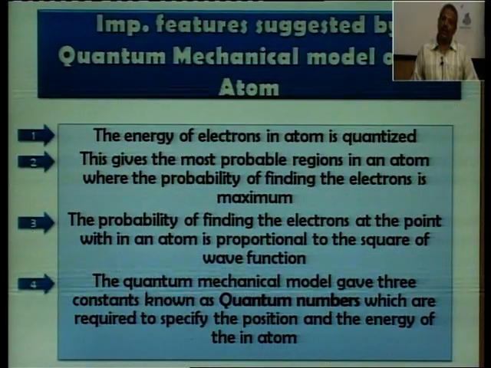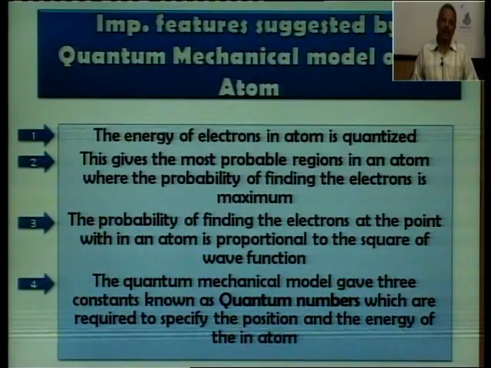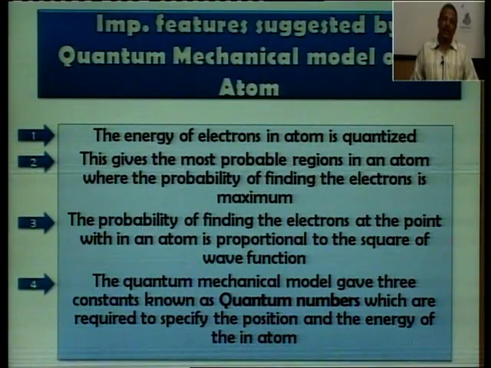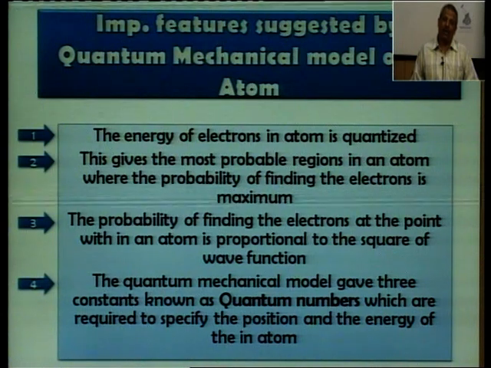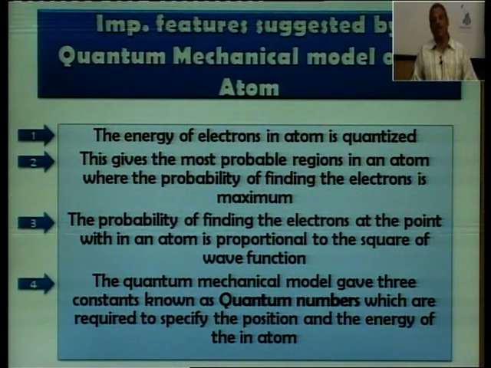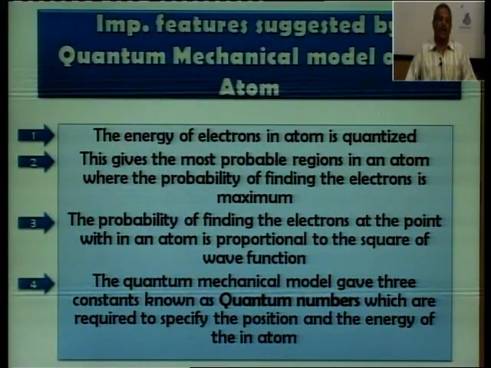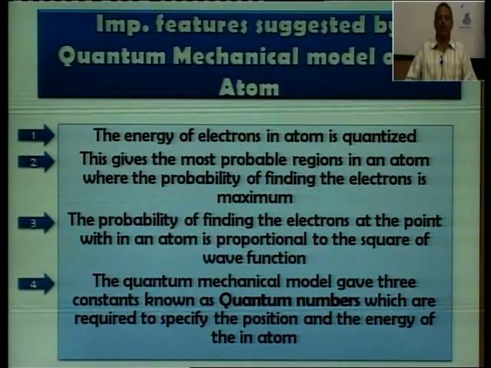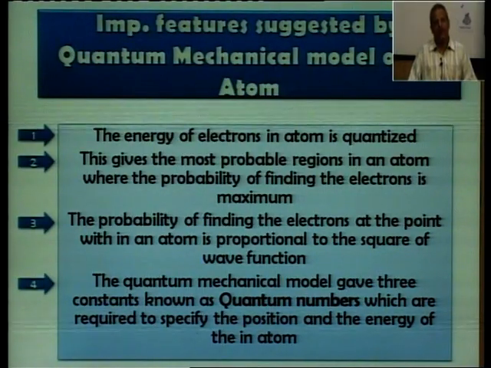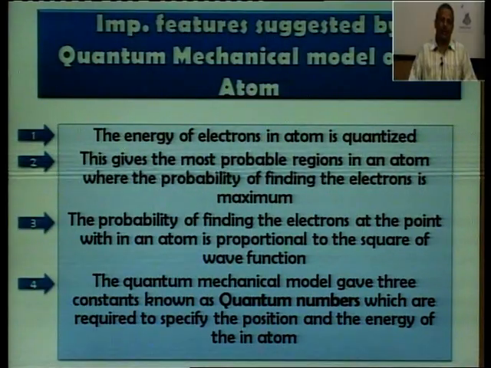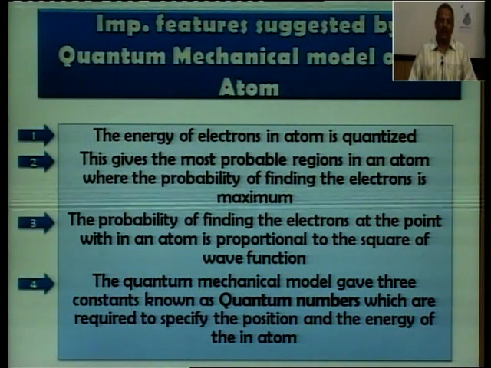So, they are not telling the exact position or location, but the quantum mechanical model gives us the probability of finding the electrons, where we can find the electron. The probability of finding the electrons at a point within an atom is proportional to the square of the wave function. The quantum mechanical model gave 3 constants known as quantum numbers, which are required to specify the position and energy of the electron in an atom.